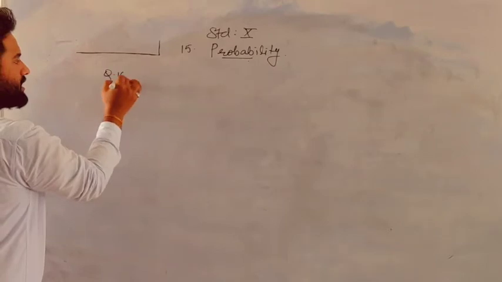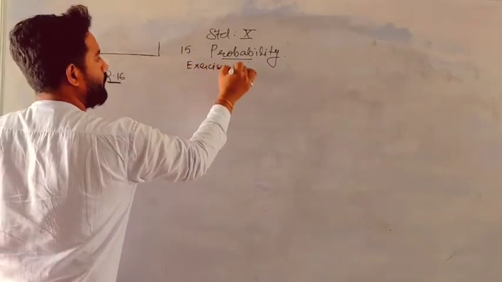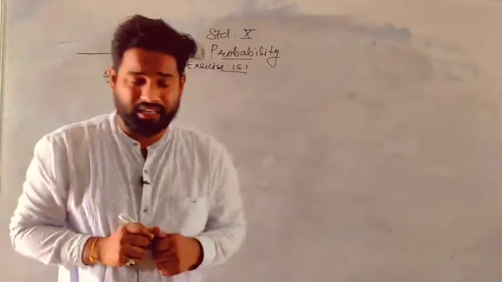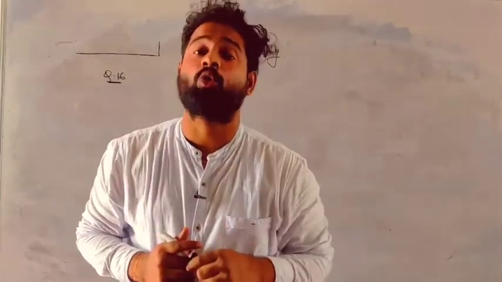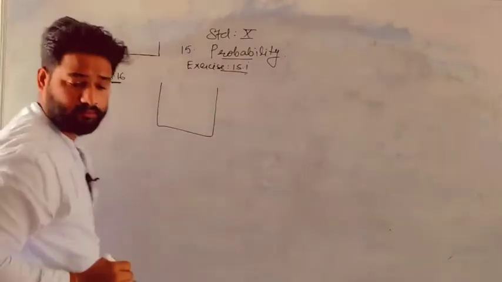Question number 16 of exercise 15.1. Now what does it tell you? 12 defective pens are accidentally mixed with 132 good ones. Consider a box.